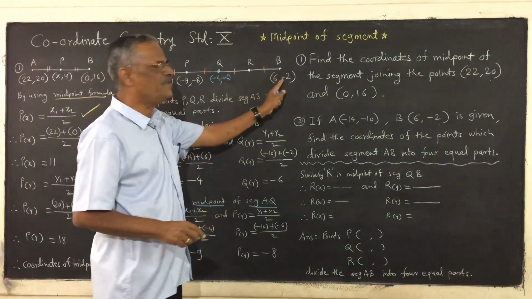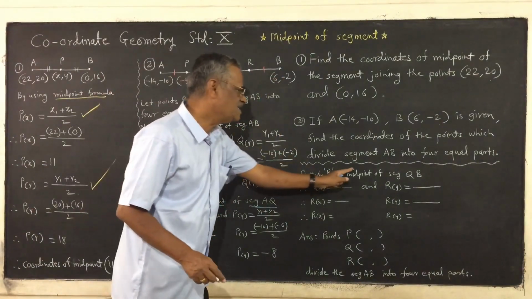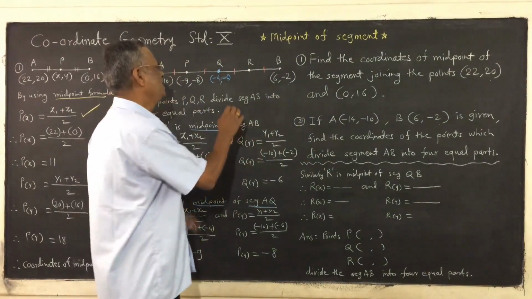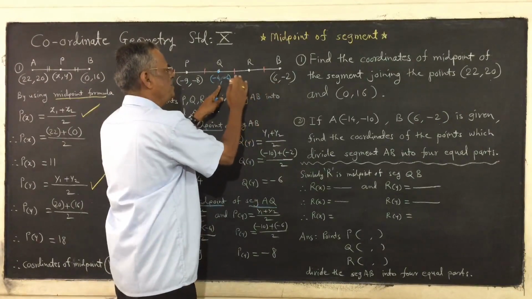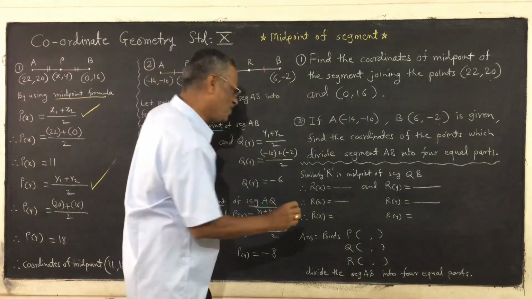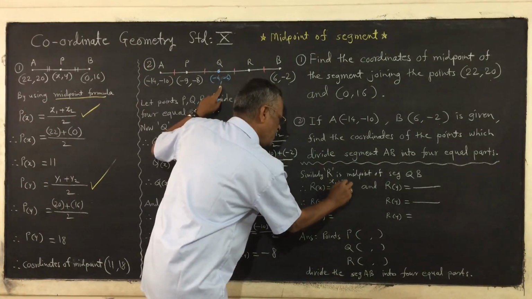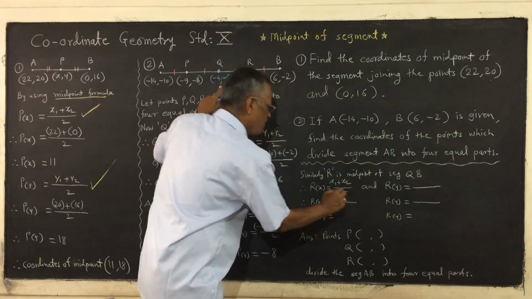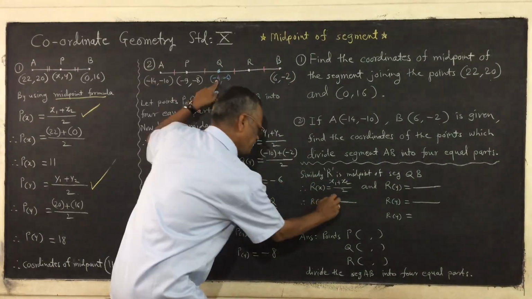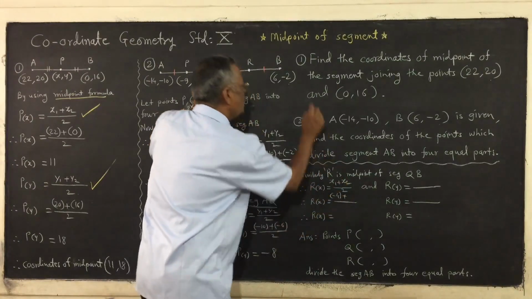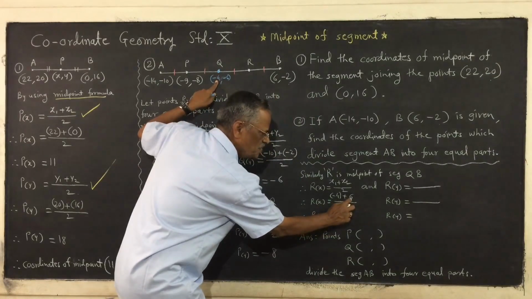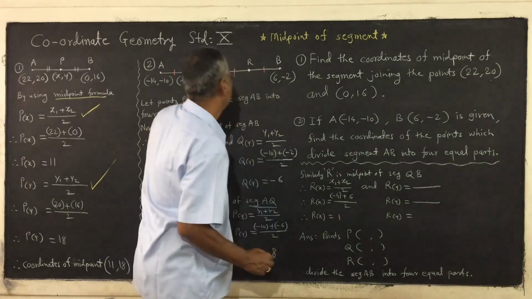Now similarly, R is the midpoint of segment QB. To calculate the midpoint of segment QB, use the same formula again, (x1 plus x2) upon 2. Remember this is Q and this is B. So minus 4 plus 6 upon 2 is positive 2 upon 2, which is 1.